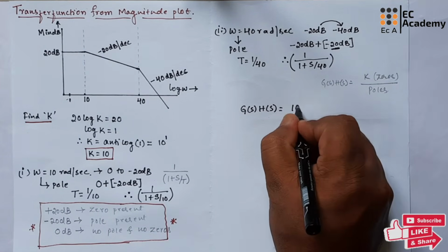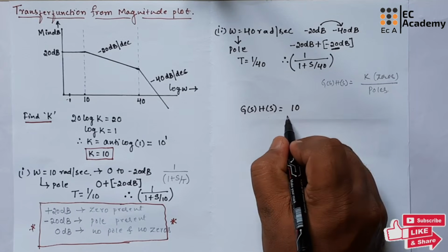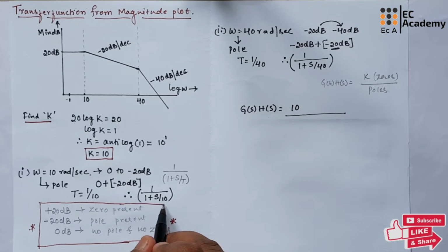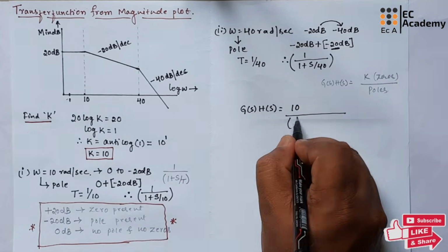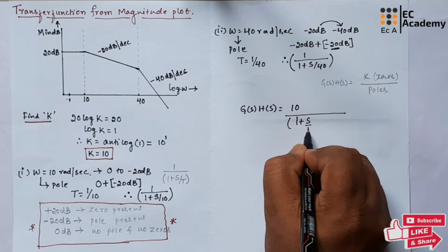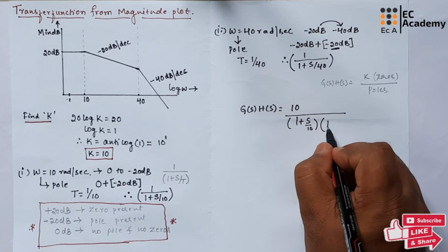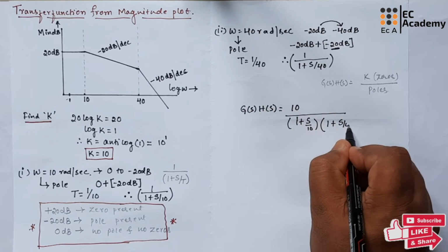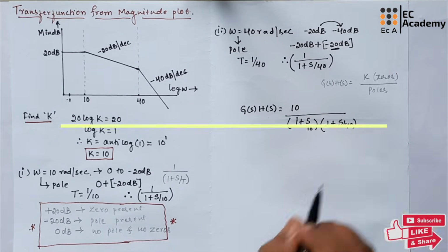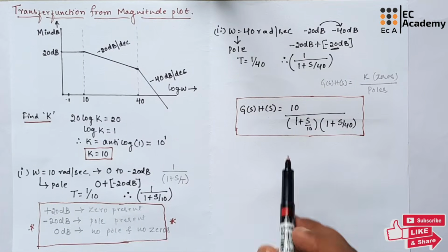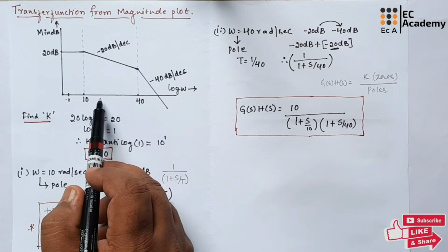We don't have any zeros, divided by, we have one pole here, so we can write that as 1 plus s by 10, into, we have one more pole here, which we can write as 1 plus s divided by 40. So this is the transfer function for the given magnitude plot.